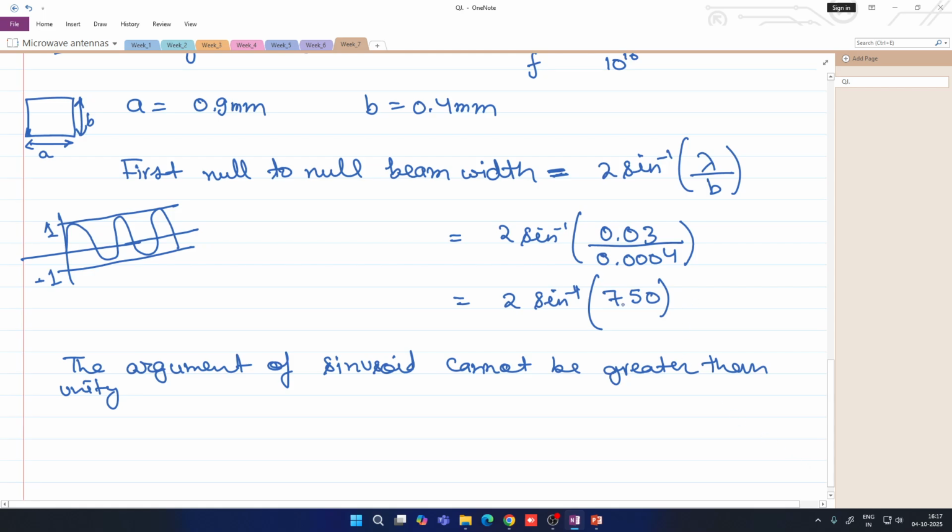For any angle, sine cannot be greater than 1. Therefore, nulls do not exist in the visible region.